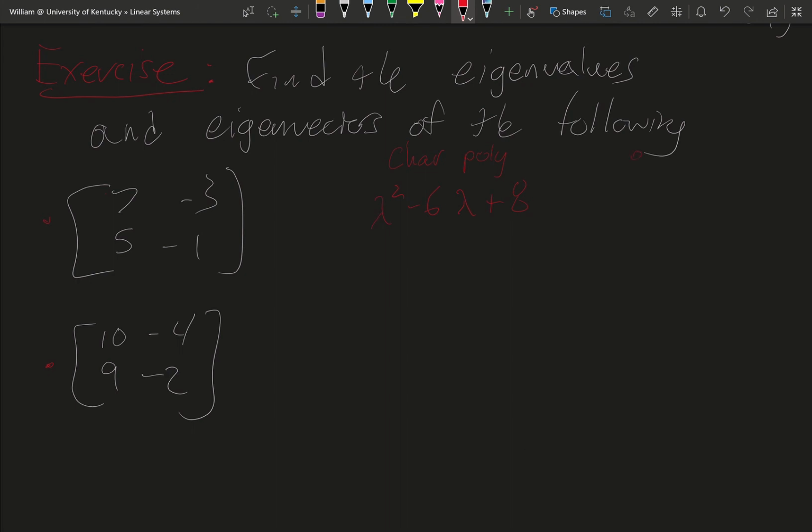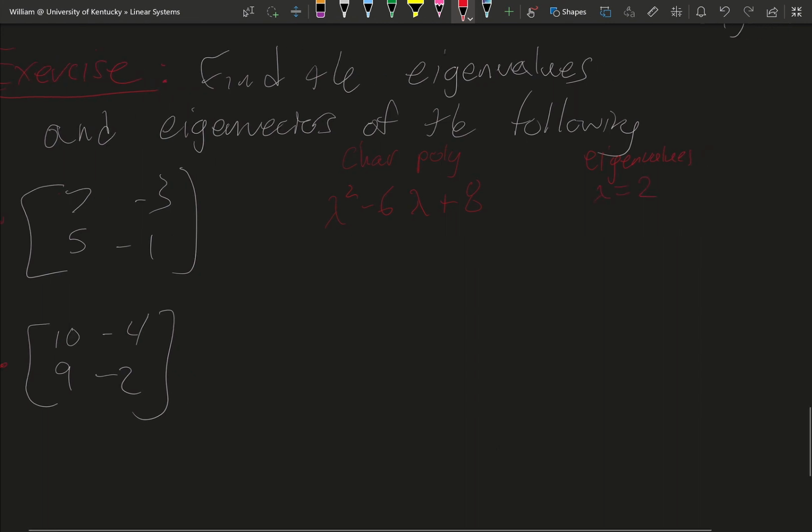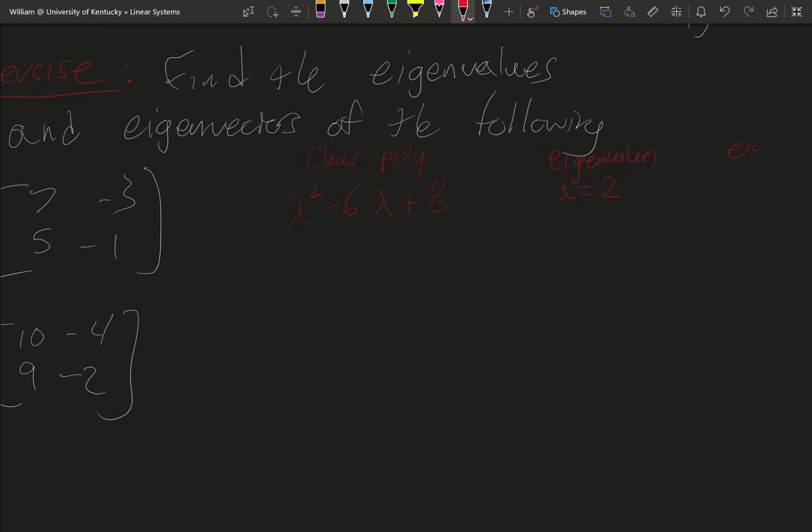And so you're going to have eigenvalues of lambda equals 2 with eigenvectors of the form C1 times (3, 5). And for your other eigenvalue, it's 4 with C2 times (1, 1).